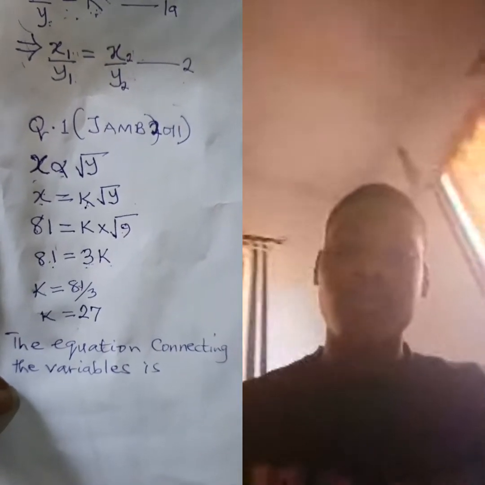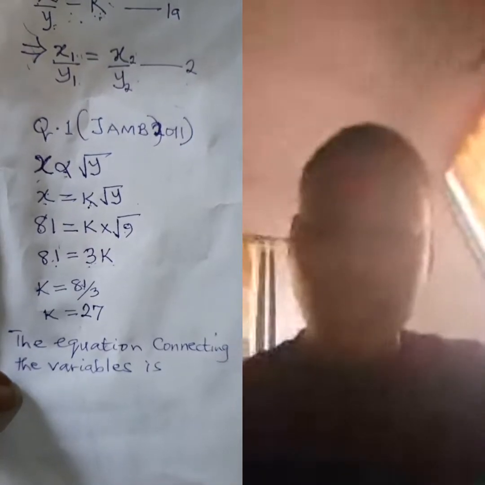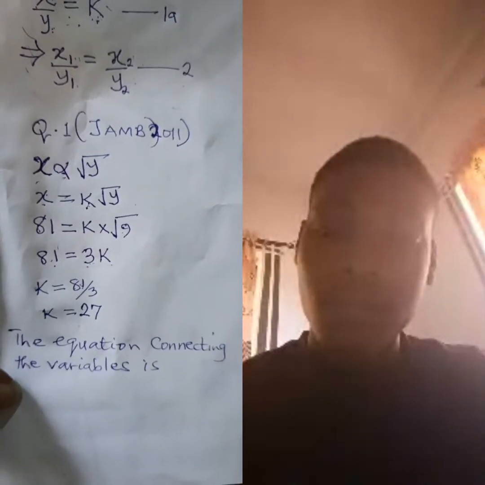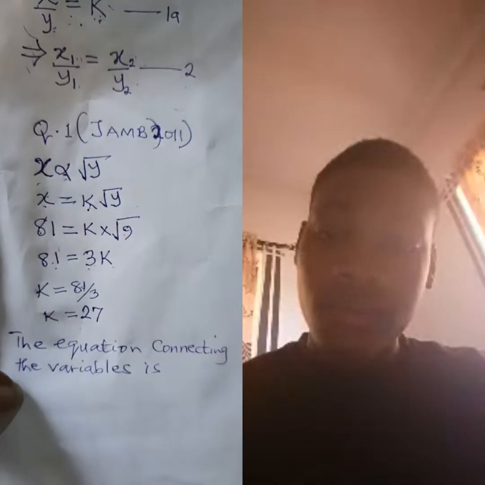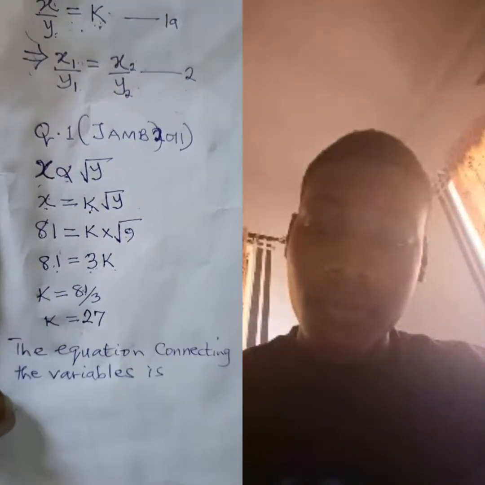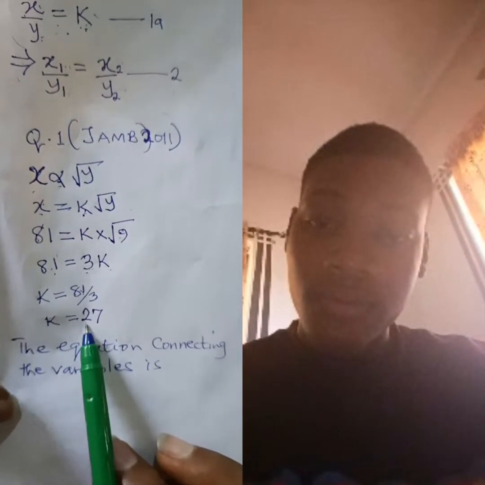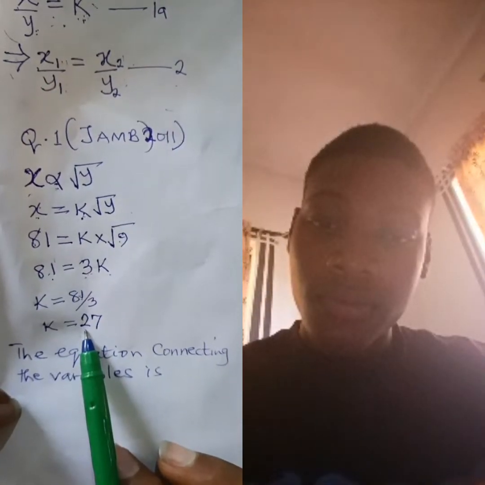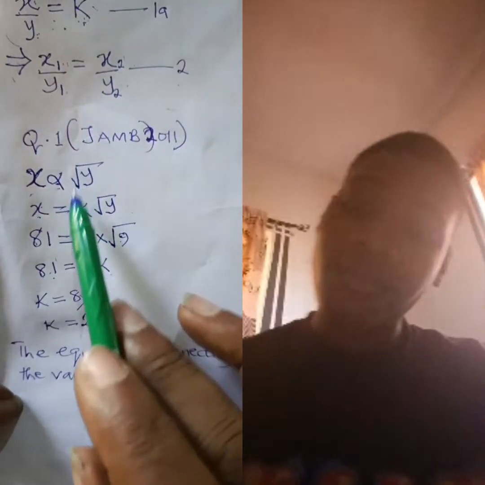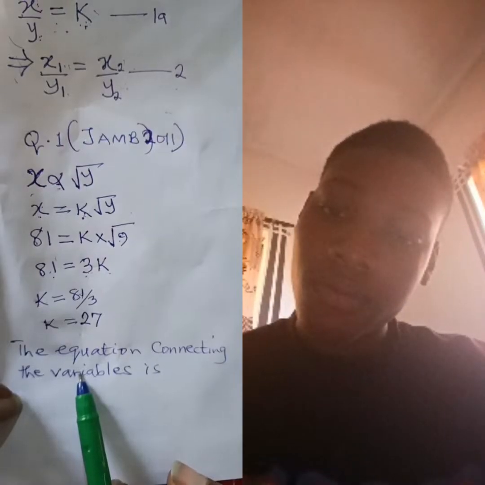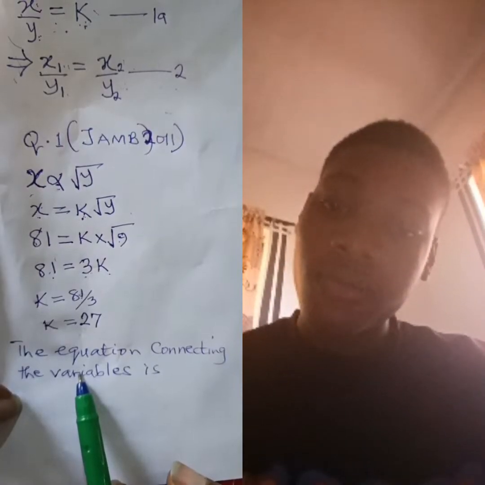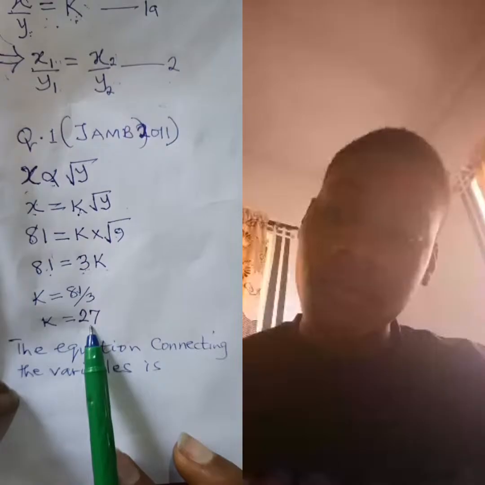There are some questions they will just ask you, find the relationship between the variables, or find the formula connecting the variables, find the equation connecting the variables. What you have to do is get the value of your constant. Are you getting me? Can you see what I'm doing clearly? So get the value of the constant.